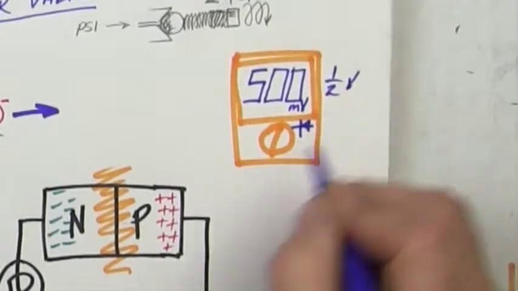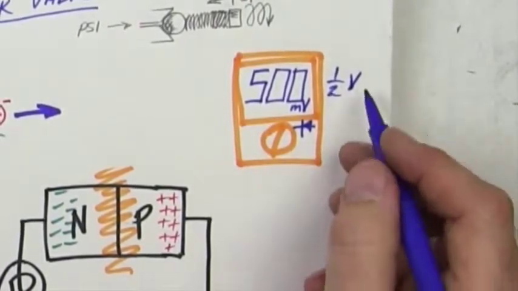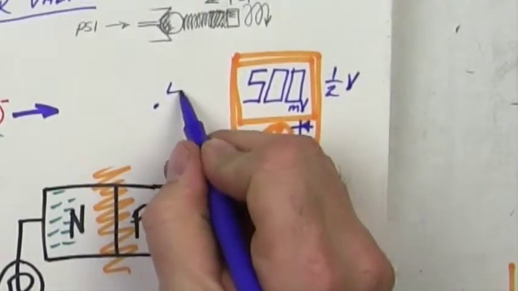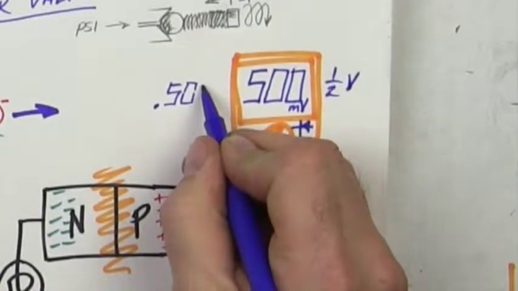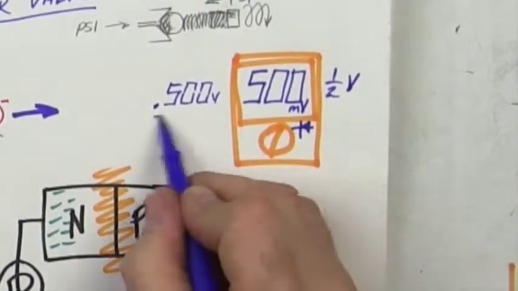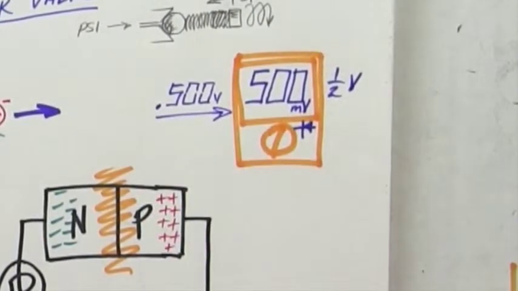Is it going to be exactly that? No. Okay, and it might actually read 0.500 volts. Just depends on the meter. Okay, some meters will say 0.5 volts, some meters will say 500 millivolts.